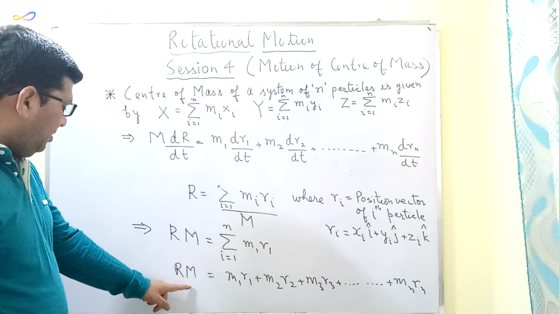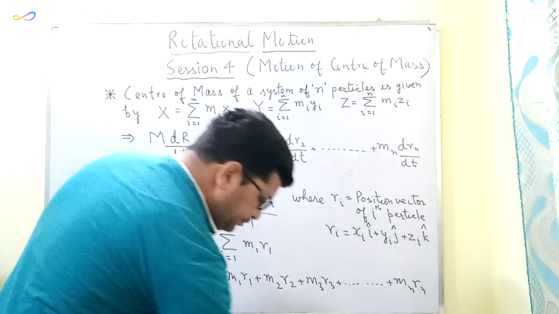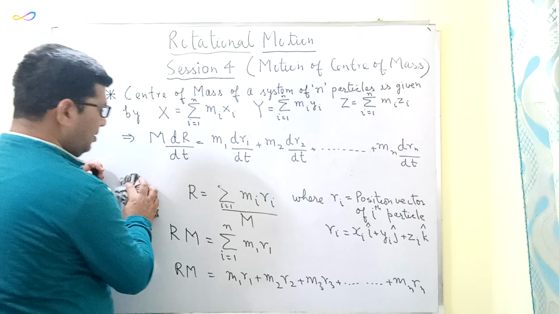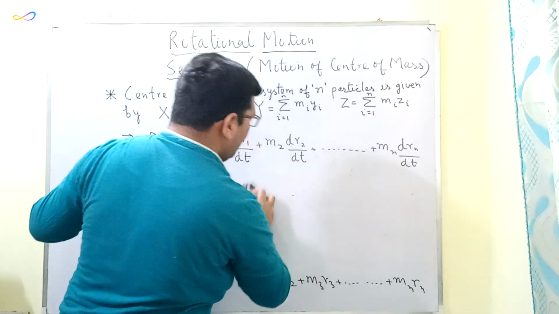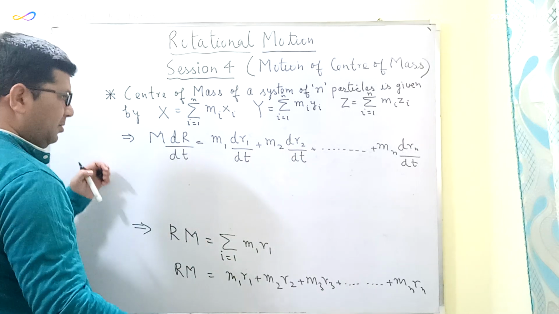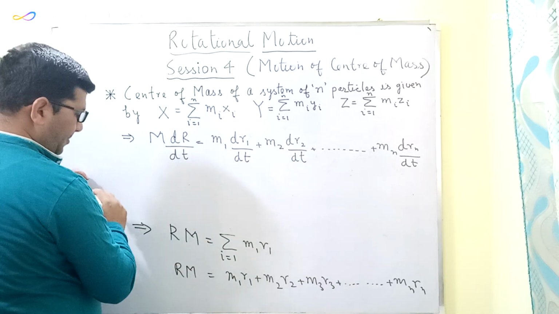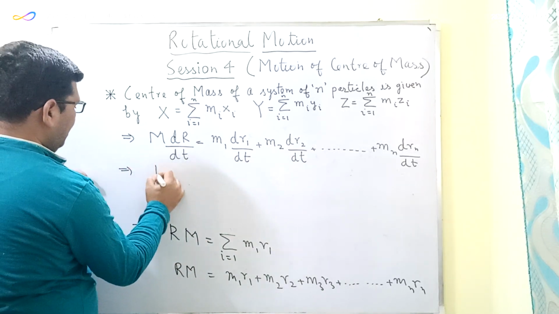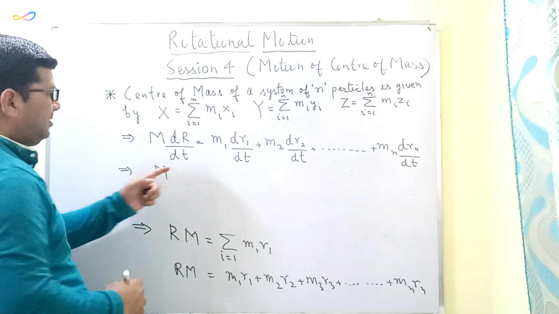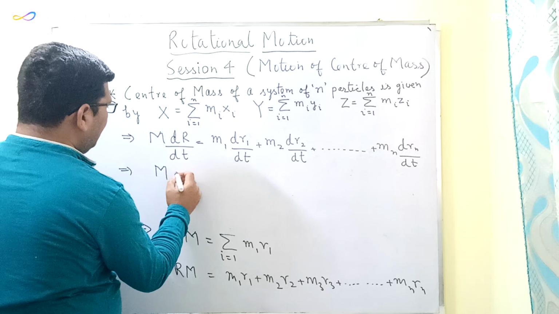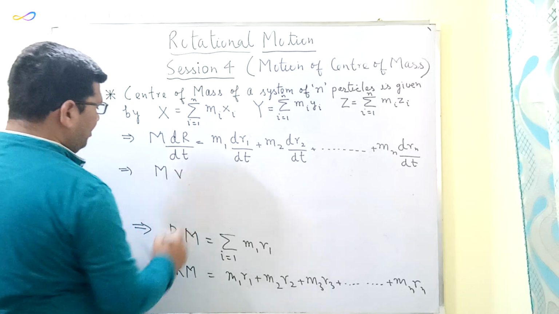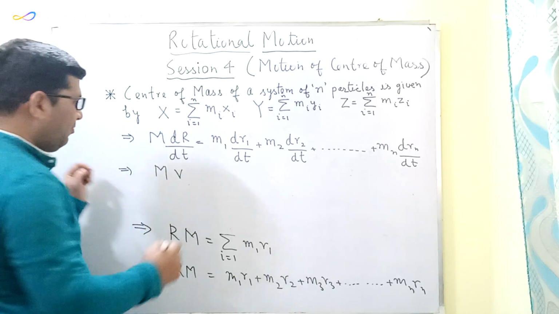So if I differentiate this equation with respect to t, I get this equation. Now dr upon dt is the velocity of the center of mass.